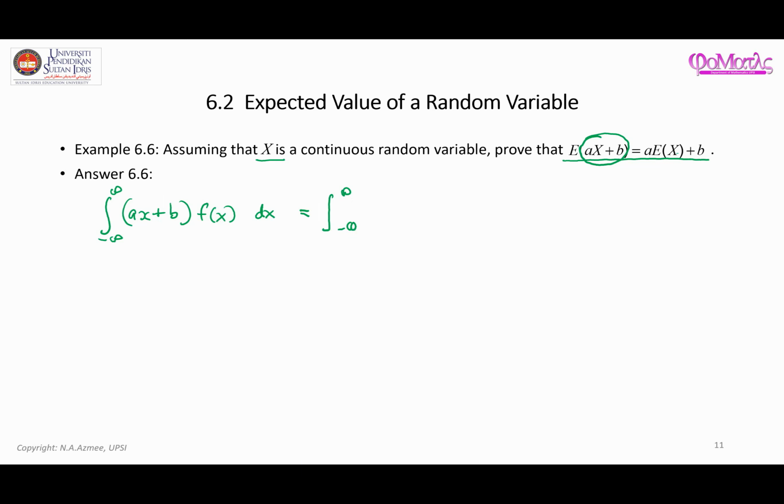What we can do next is expand the expression. You will have ax times f(x) plus b times f(x) dx, and of course, you can separate these two expressions. It becomes like this.